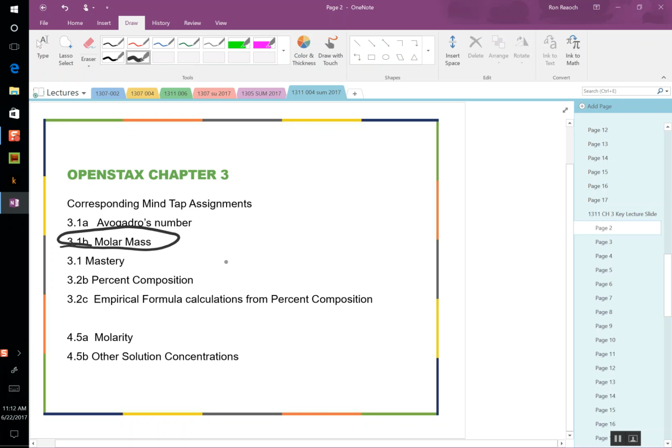Avogadro's number. Did either one of those do percent composition calculations? Like if you had something like, let's say, sodium phosphate.